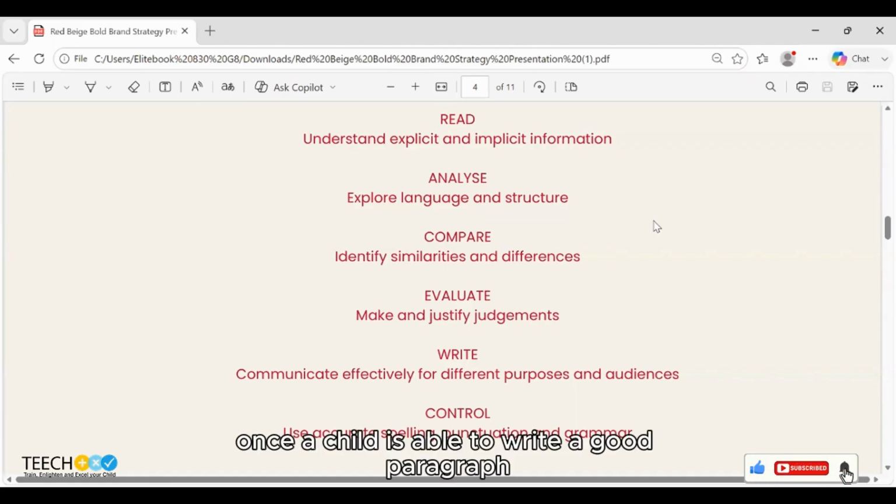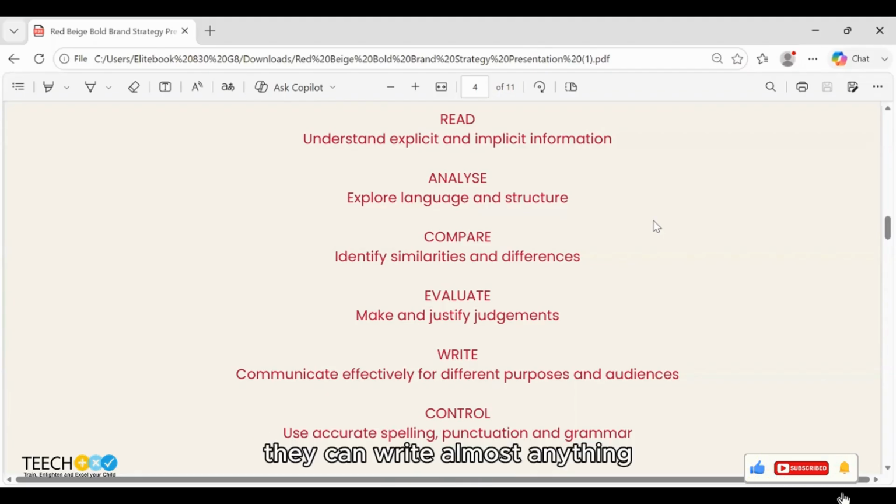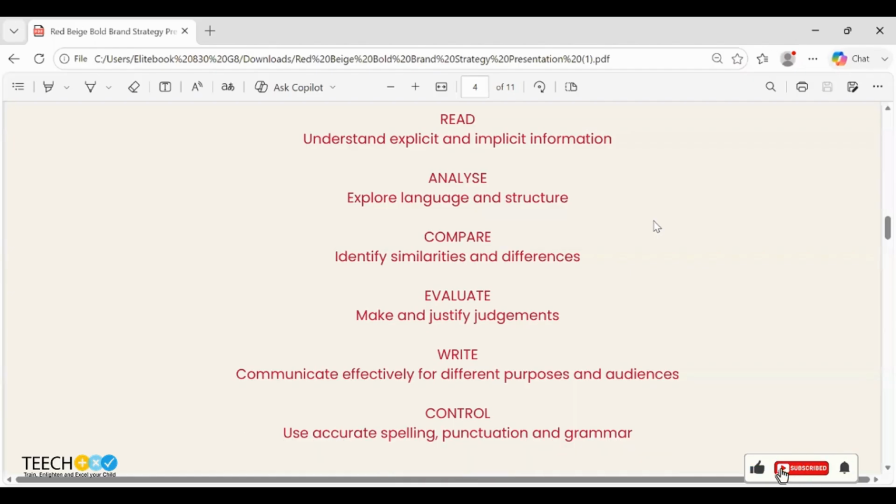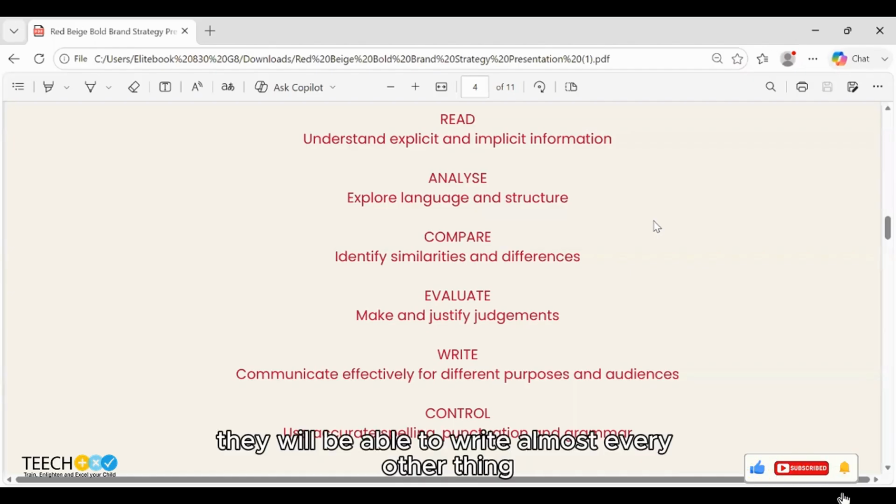Once a child is able to write a good paragraph, they can write almost anything, because writing is in paragraphs. Writing 450 words, that's 5 paragraphs. So once a child is able to write proper paragraphs, they will be able to write almost everything else.